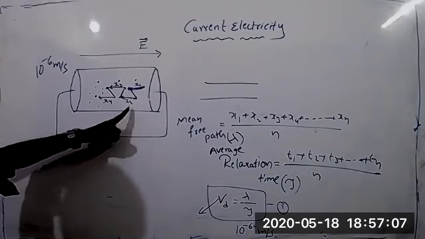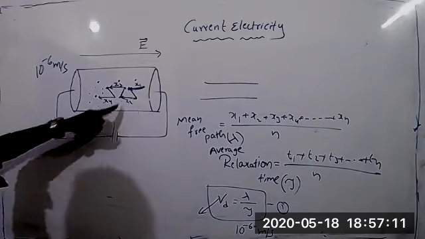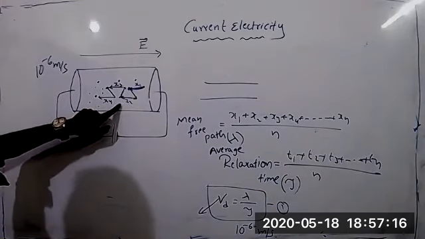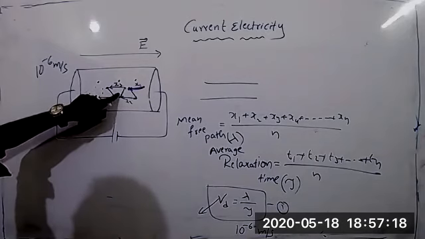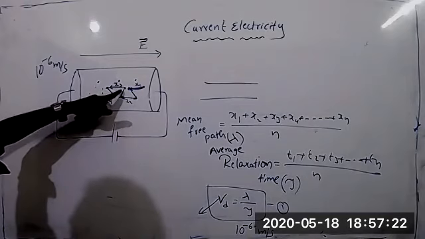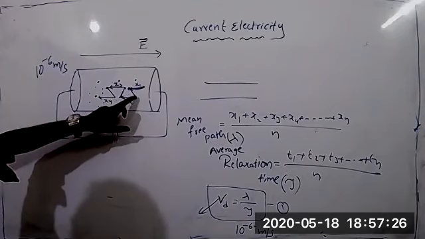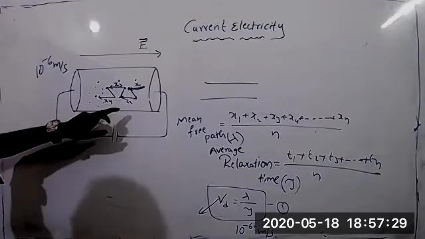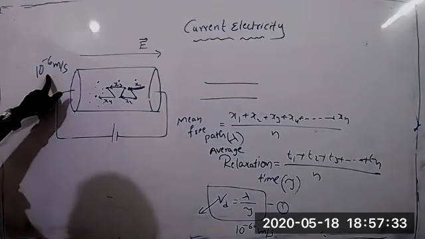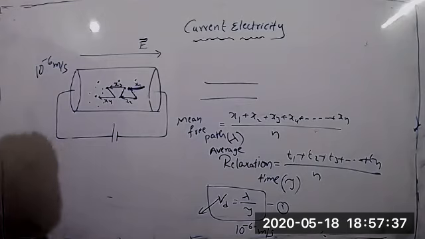Again it tries to gain velocity due to the potential difference and turns opposite to the electric field. Again it strikes another particle and loses energy, and again tries to gain velocity. When it is turning opposite to the electric field, it has a very minimum velocity. That minimum velocity is called drift velocity.